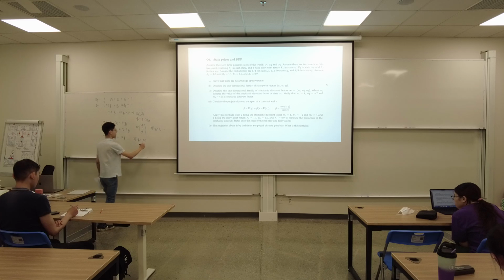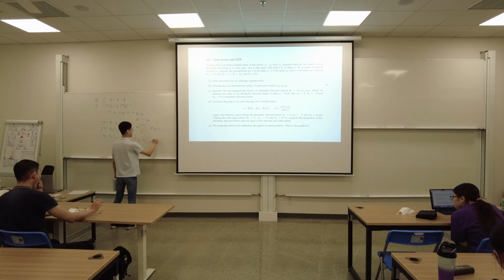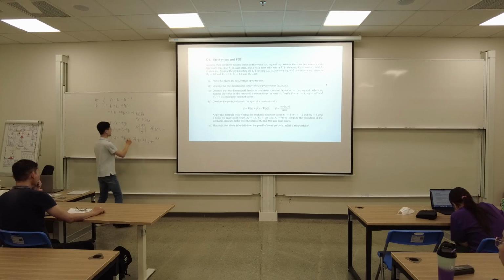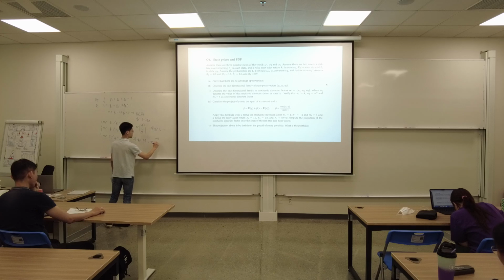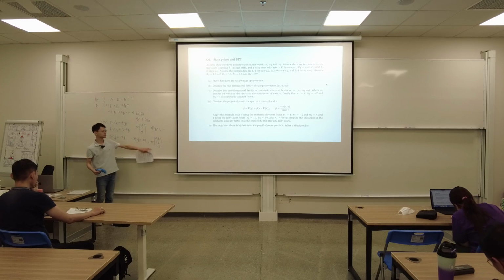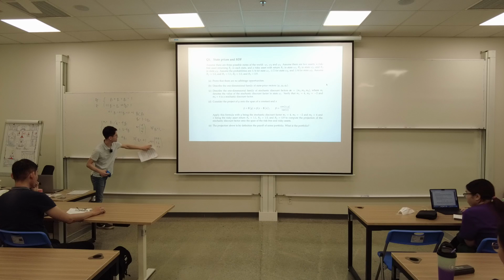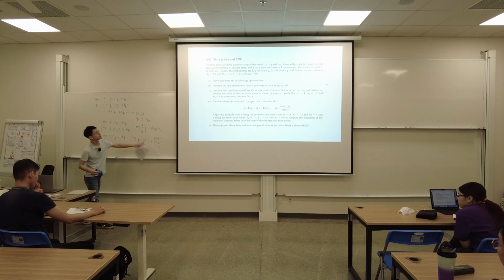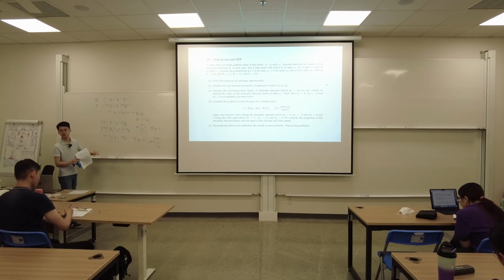We get an M which is 0.4, 2 minus 0.4, which is 1.6, and 0.4. This SDF is positive. The existence of this SDF implies that there's no arbitrage.